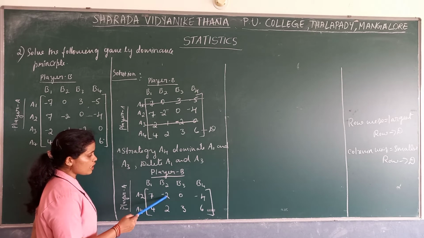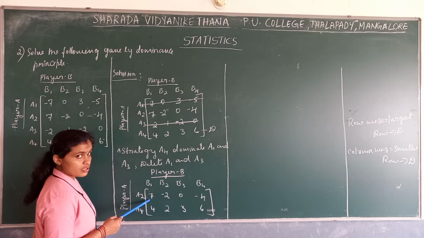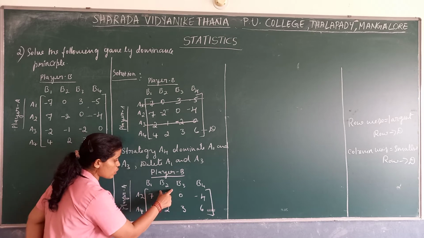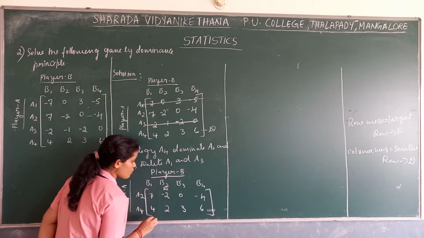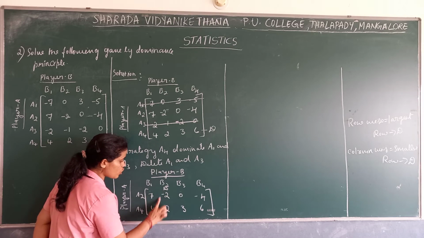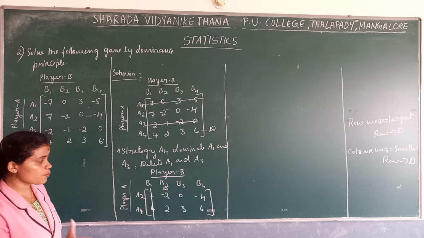So this particular column dominates this one, because it is the smallest column. Now we got the dominating column as B2. It dominates B1. We delete it.